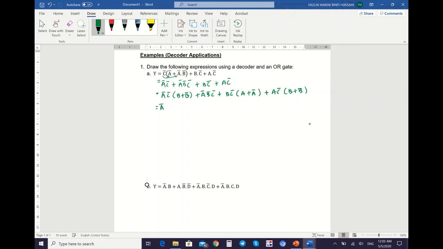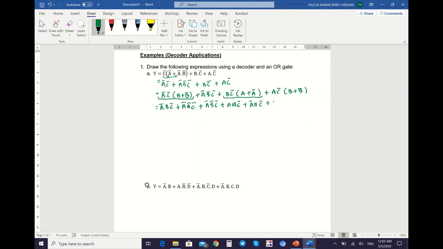So you will get A bar, B, C bar, plus A bar, B bar, C bar, plus A bar, B bar, C bar. Plus now between these two terms, you will get A, B, C bar plus A bar, B, C bar.